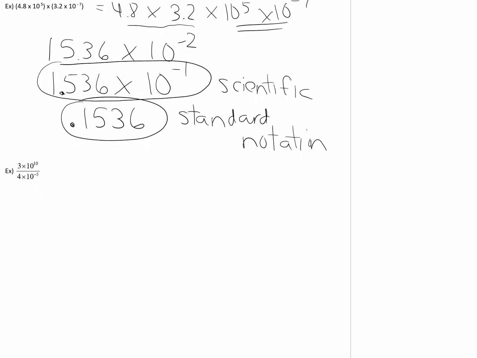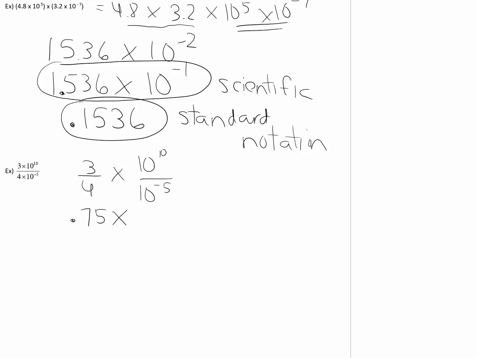Okay, one other example I want to take a look at then. So first thing I'm going to do is separate. I'll do 3/4 times 10 to the 10th divided by 10 to the negative 5th. Well, 3 divided by 4 is a decimal. That's 0.75.